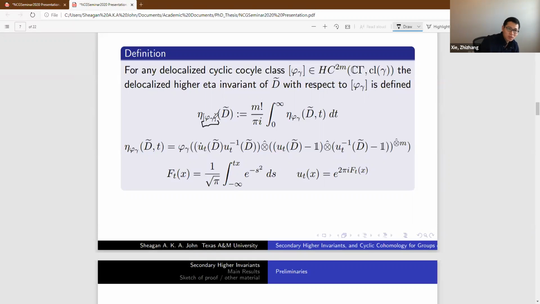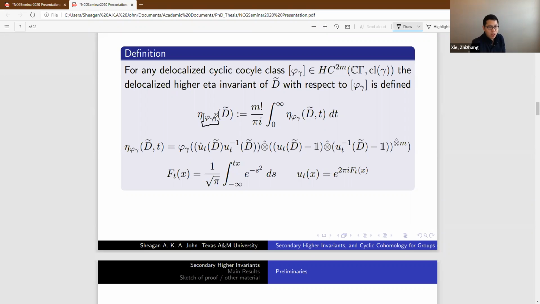Well, maybe let me make a small comment, maybe to Jonathan's question. Take the case of the class of groups that Sheagan is talking about, polynomial growth or even hyperbolic groups, since the Bost conjecture is known. For these positive scalar curvature questions, the higher indices or the higher rho elements do provide more information when it comes to the size of the positive scalar curvature moduli space, or higher homotopy groups of this space.